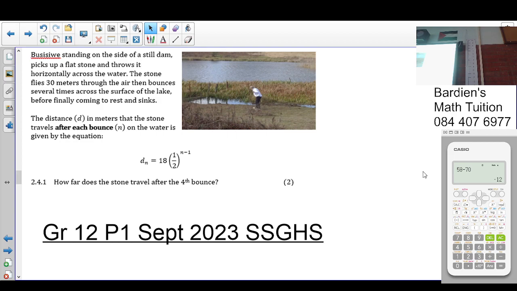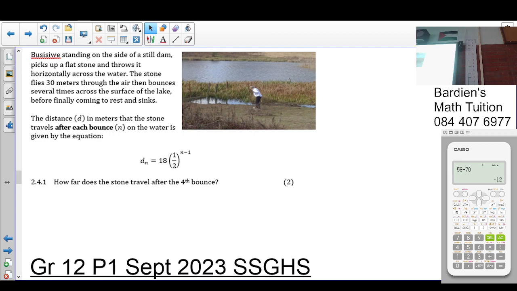The distance d in meters that the stone travels after each bounce on the water is given by the equation dn, or tn, is equal to 18 into a half to the exponent n minus 1. How far does the stone travel after the fourth bounce?